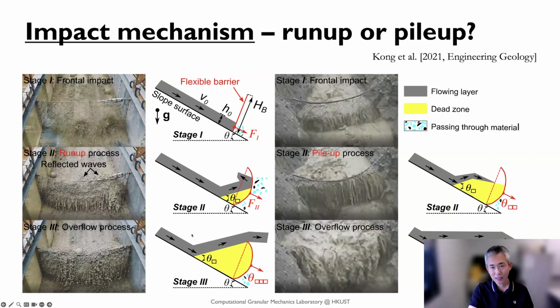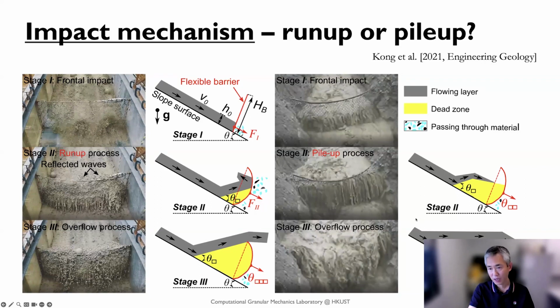And then there's another mechanism called run-up. Run-up is essentially when the debris flow impacts the barrier and part of it is retained, and then it will form a so-called circulation, a roll-back flow, and become circulated until the whole barrier is filled, and then forms overspilling flow here.